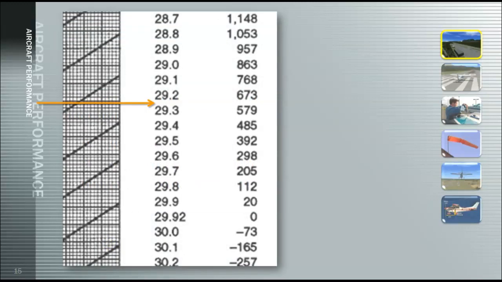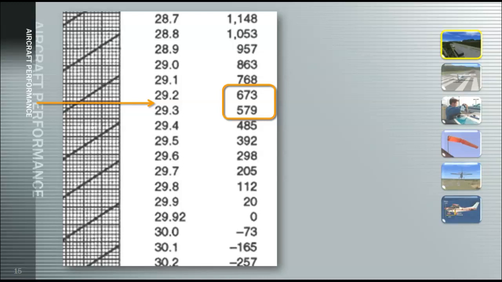First, we need to convert the elevation to pressure altitude, and we find in the table that our altimeter setting is between two numbers here, 29.2 and 29.3. The adjustment is 579 feet for a 29.3 altimeter setting and 673 feet for 29.2.